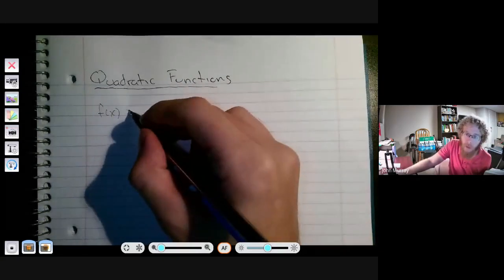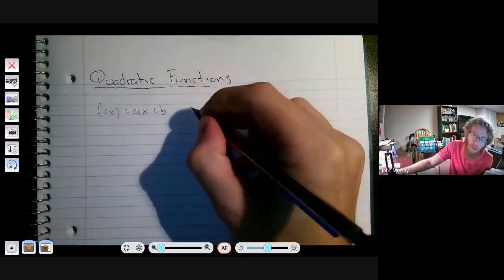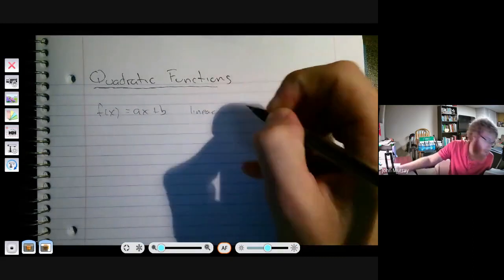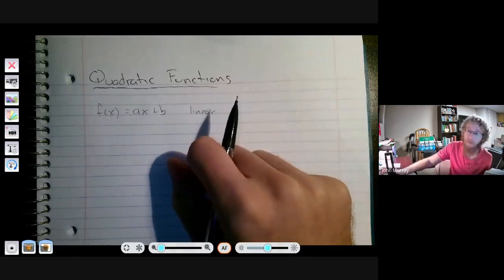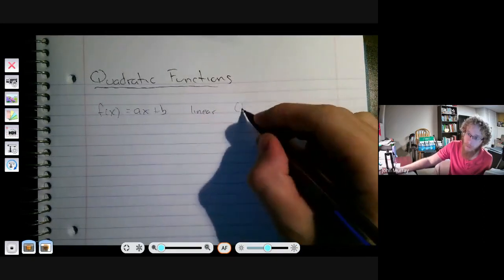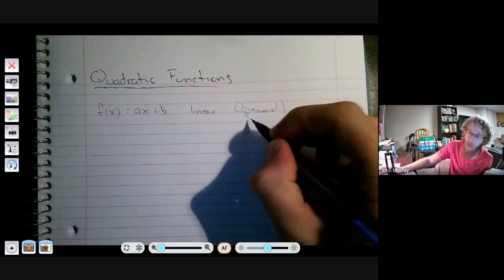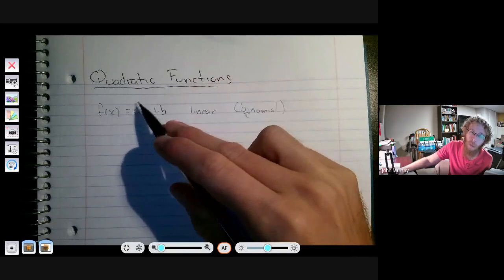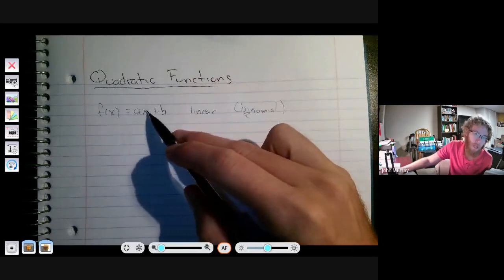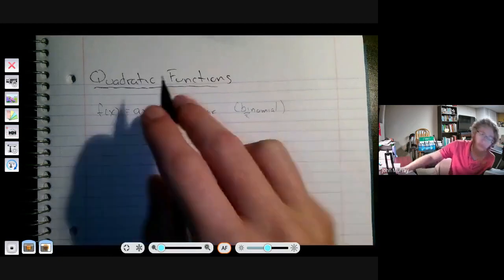So the most basic function that you learn in algebra is a linear function. Okay, we call this one in particular binomial because there's two terms, right? You have your linear term, the ax, and then you have your constant term, the b.